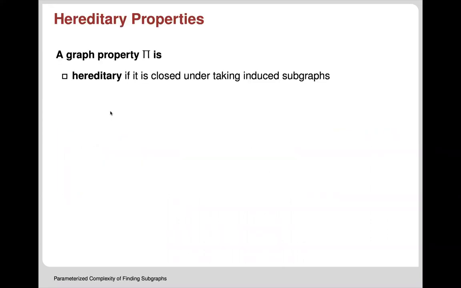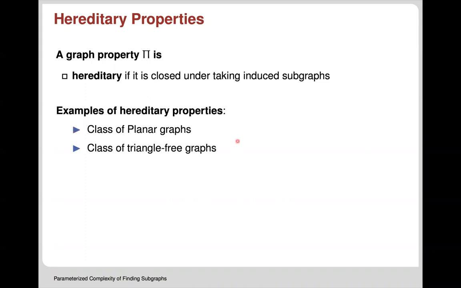I'll first briefly go through what a hereditary property is. For this talk, we say that a graph property pi is hereditary if it is closed under taking induced subgraphs. Some examples are the class of planar graphs or the class of triangle-free graphs.